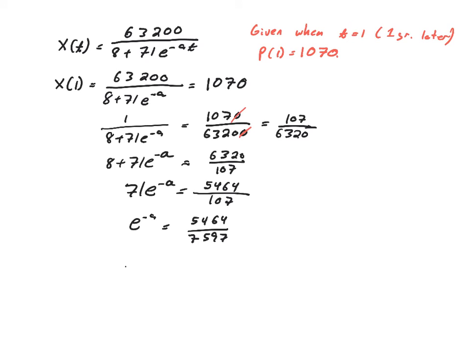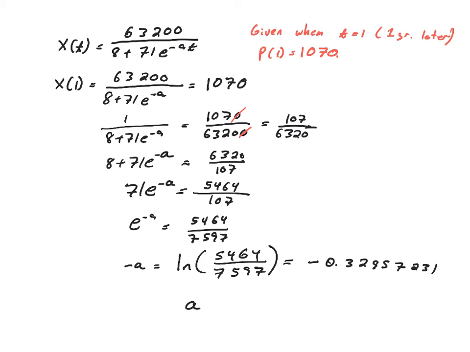You take the natural log of both sides, and you get the natural log of this big thing, 5,464 divided by 7,597, which is going to be equal to negative 0.32957231.